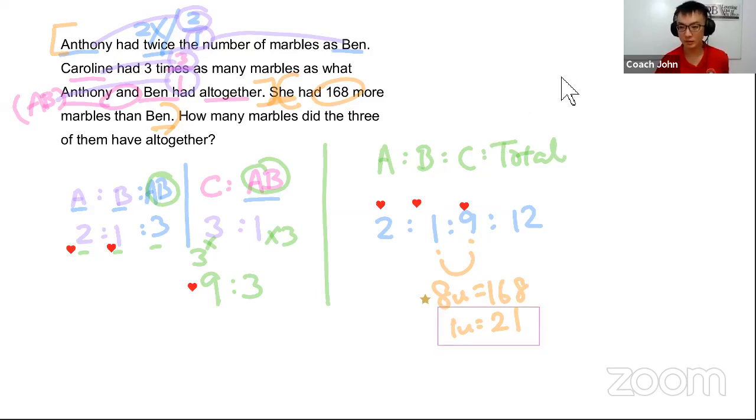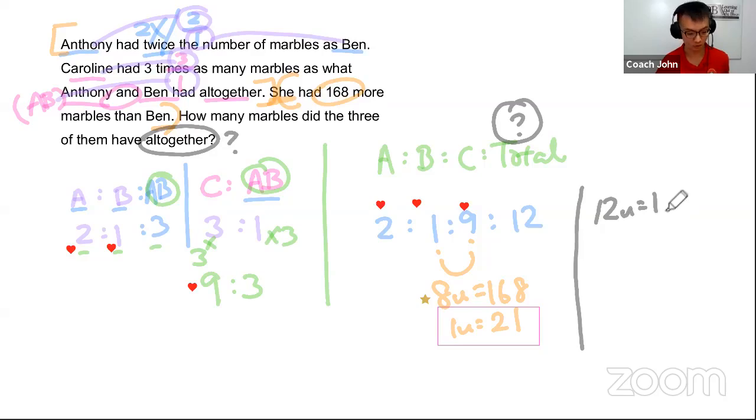After that, you want to ask yourself, where can I put the question mark, which is altogether. So that's the question mark. Your last step, which is your answer, is actually 12 units, and that's 12 times 21, which equals 252.